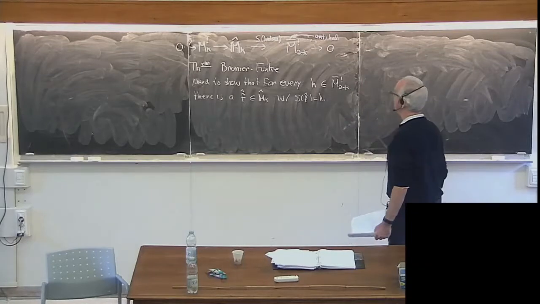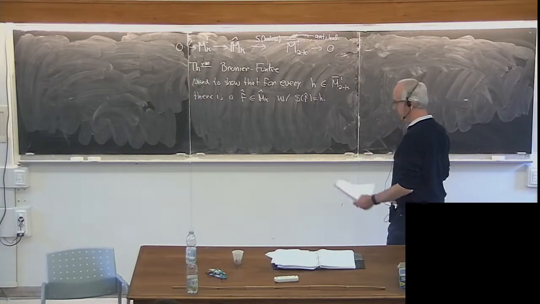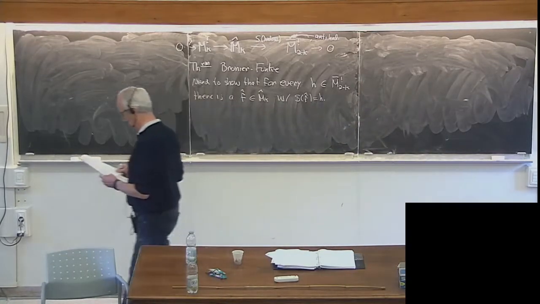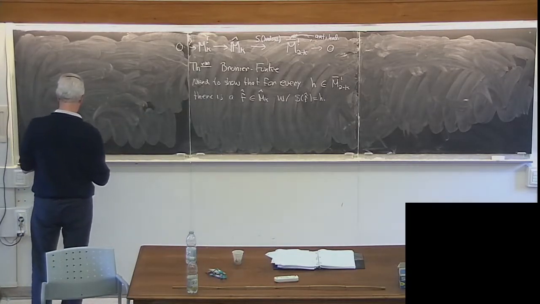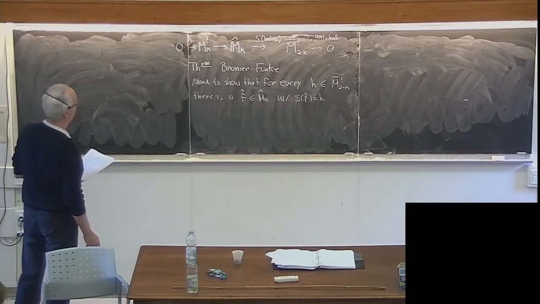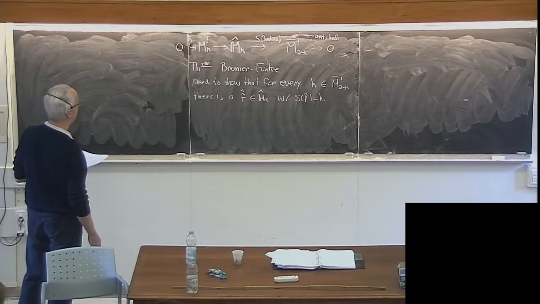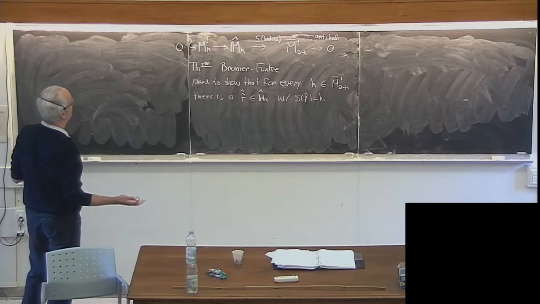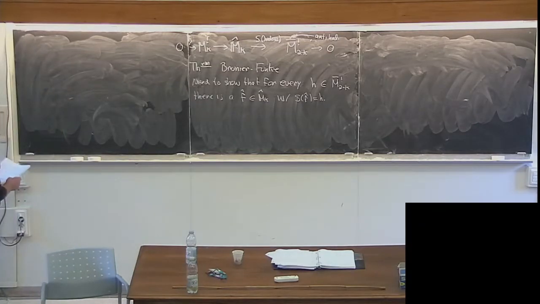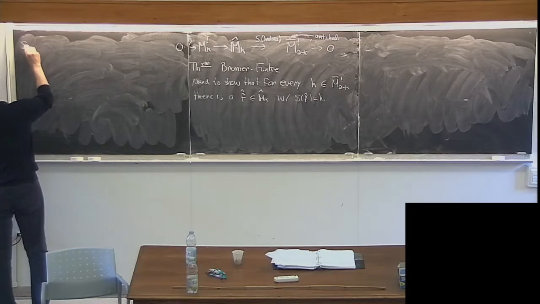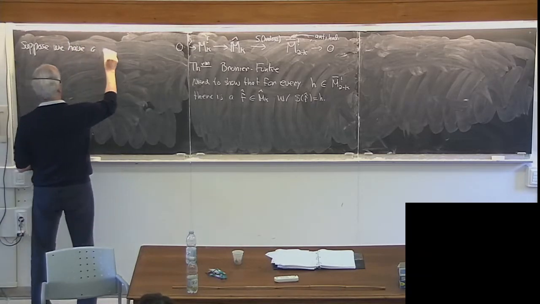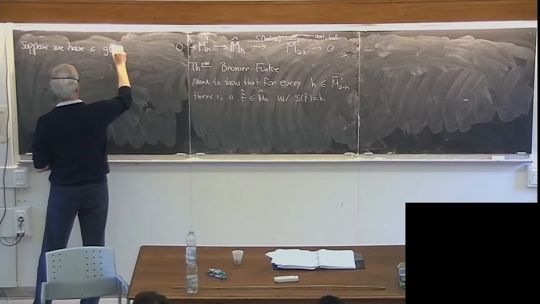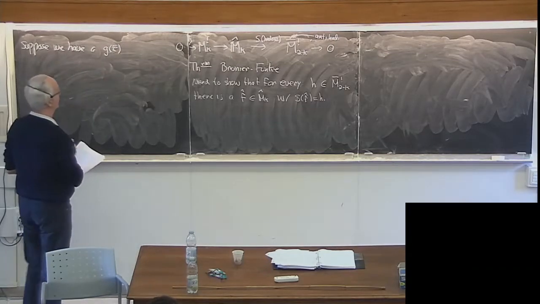And the simplest example of this involves a slight assumption, which is not the most general case, but is often true. So suppose we have a function which is anti-holomorphic and weight k.